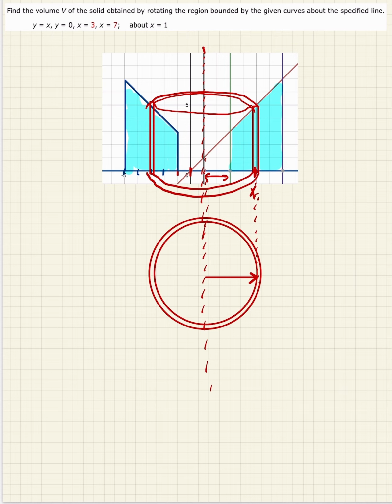Now that axis of rotation is the line x equals 1. So the length of this radius here, r sub i, would be our x value, x sub i, minus the 1 that is the x coordinate of all the dots on that axis of rotation.